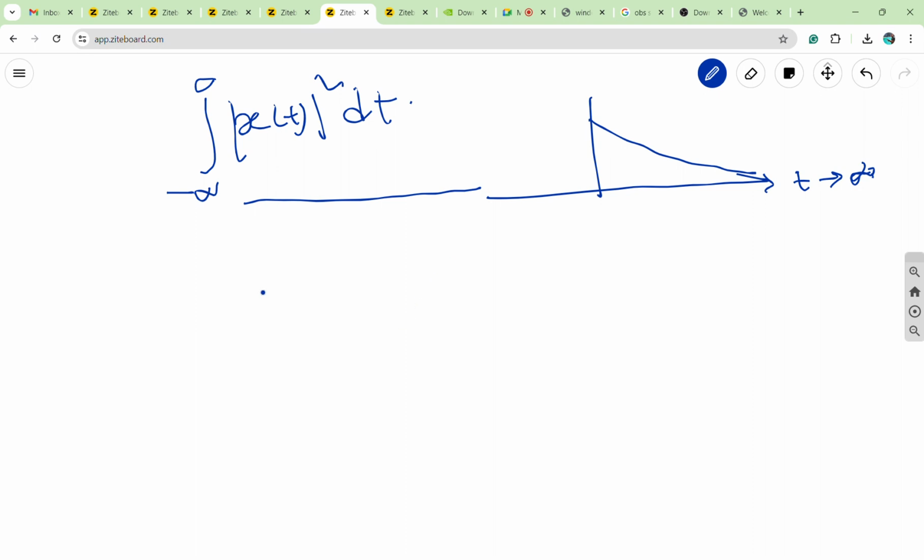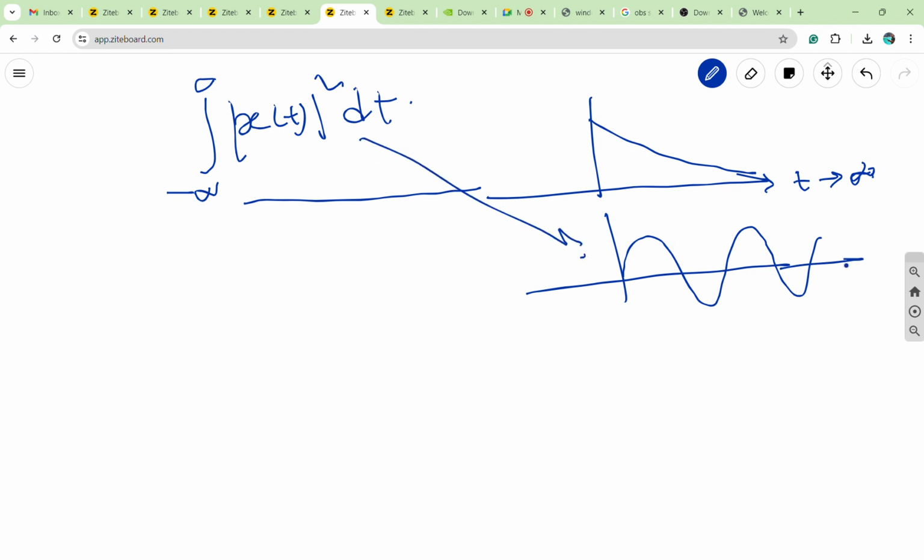Yes, sir. So suppose this signal is like this also. This equation still holds. Then we say that after this particular period, the same energy is coming again and again. So why not we just calculate from 0 to 2T?